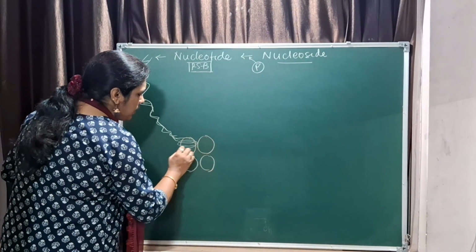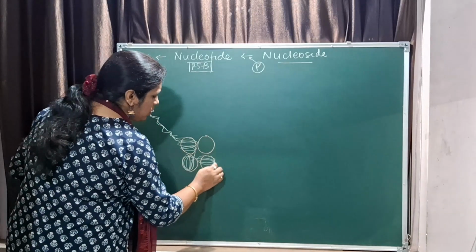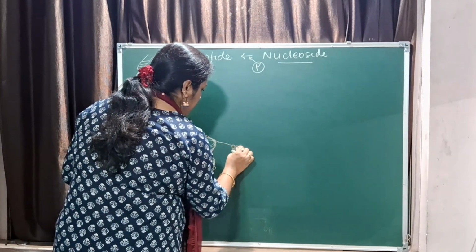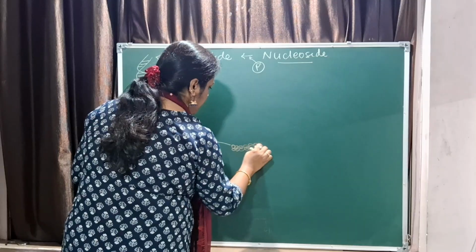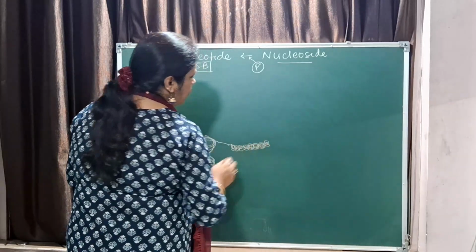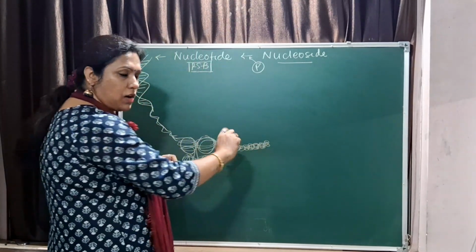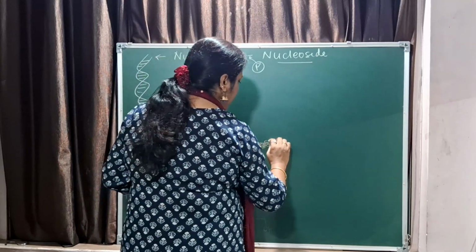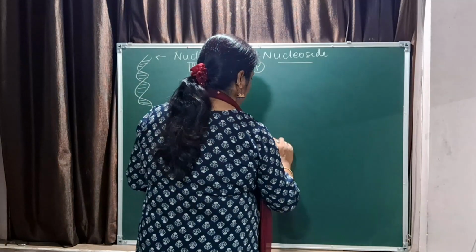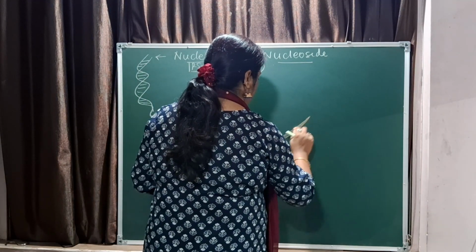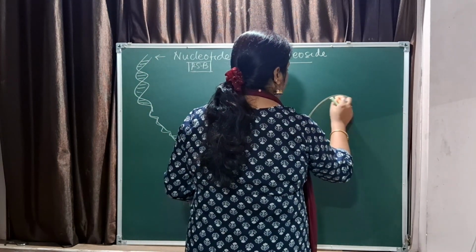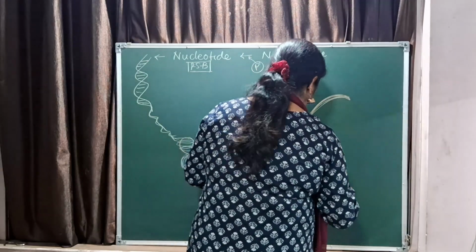The DNA winds around the histones, forming a rod-like structure which is called a solenoid, and then this rod-like structure is going to form a chromatin fiber, which is getting coiled in the chromosome.